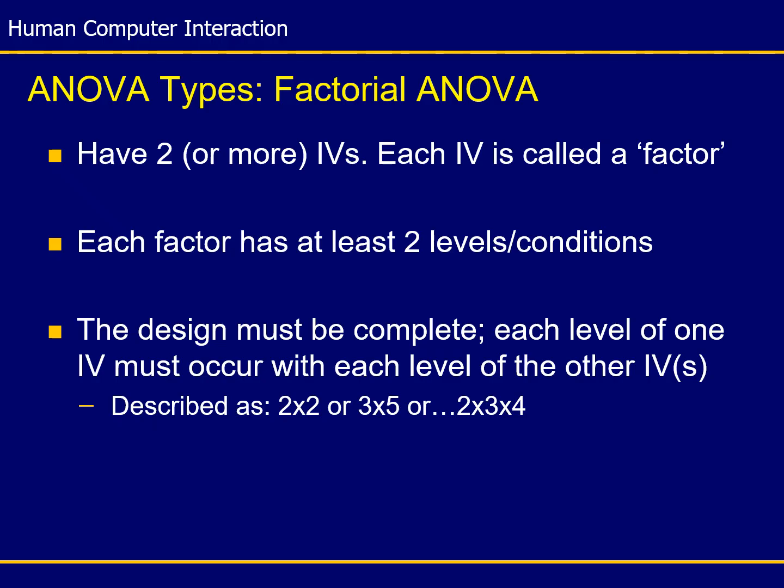So you've got to cover all combinations, including low light intensity, low temperature, and 25% humidity, and low light intensity, low temperature, and 50% humidity, and it goes like this for all of them. This would be a complete design, and you need that for factorial ANOVA to work.